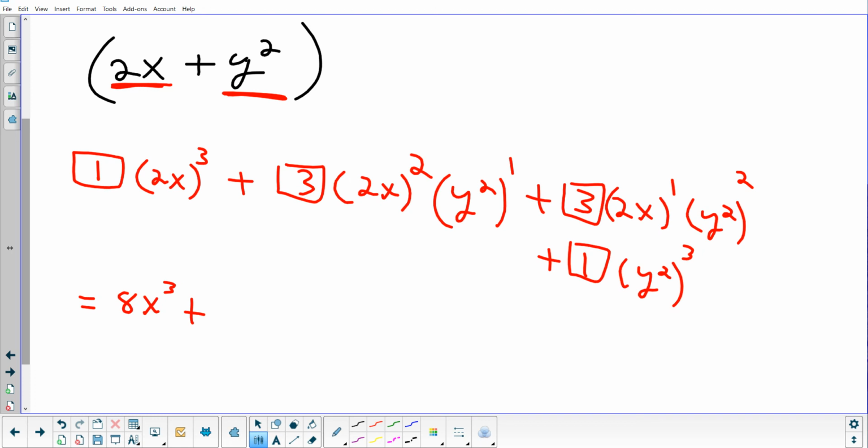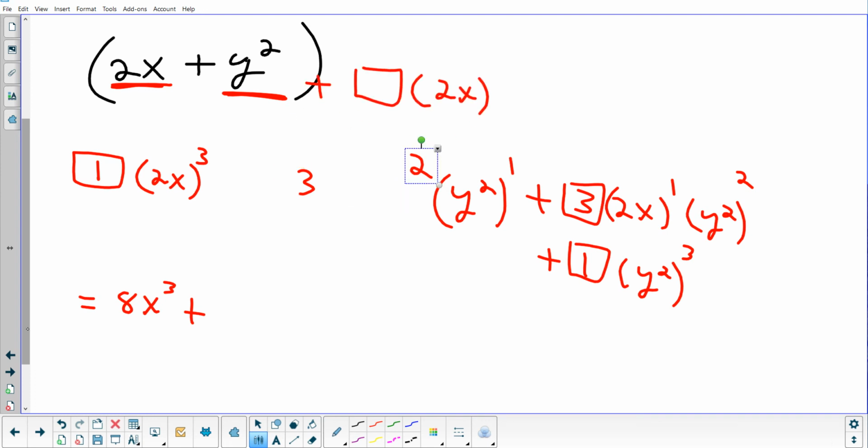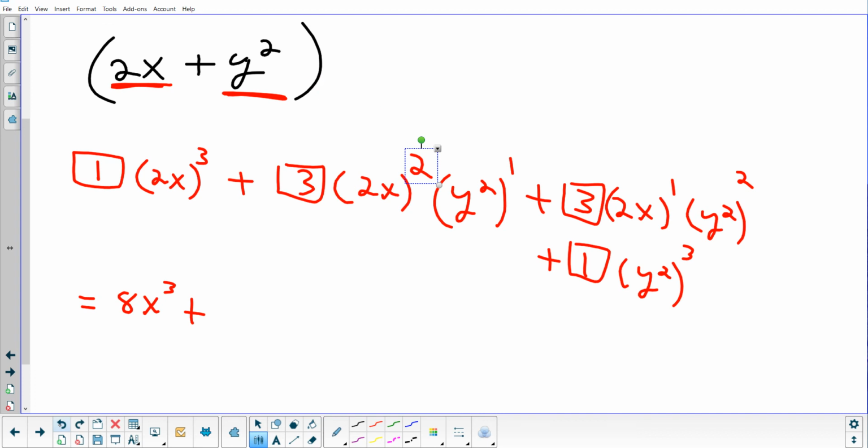X squared. 24 x squared. 2 to the second is how much? Oh, 4 times 3. 12x to the second, y to the second.